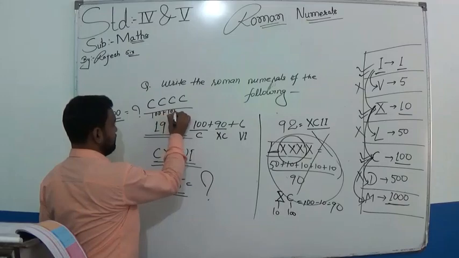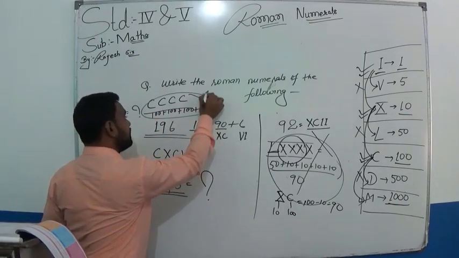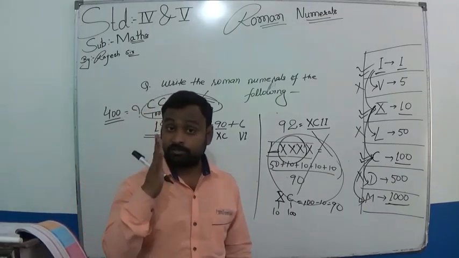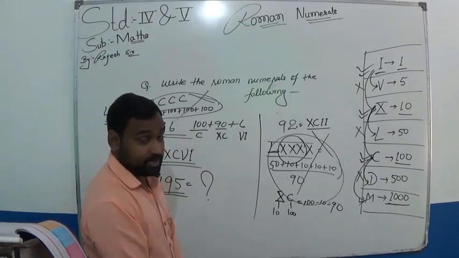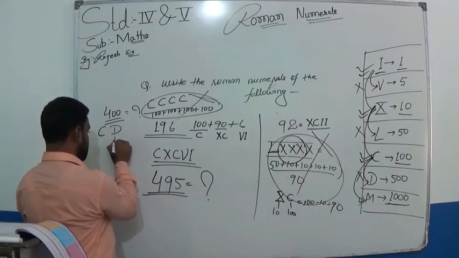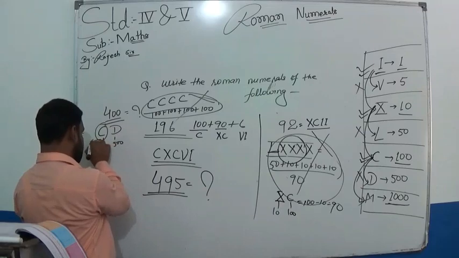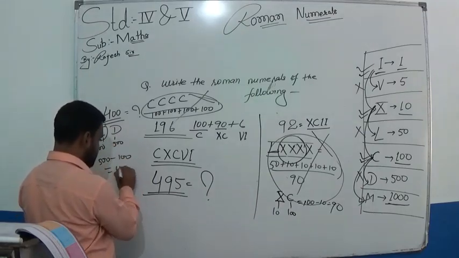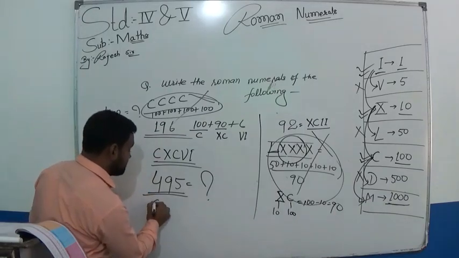100 plus 100 plus 100 plus 100, we can't write, because we know very well that a symbol can't be repeated more than 3 times. That's why we write 400 like CD. D is for 500, C is for 100, and it is written to the left of the D, so 500 minus 100 is 400.